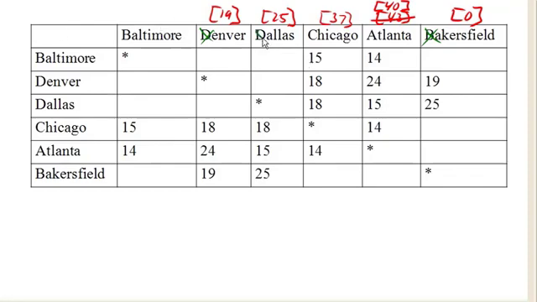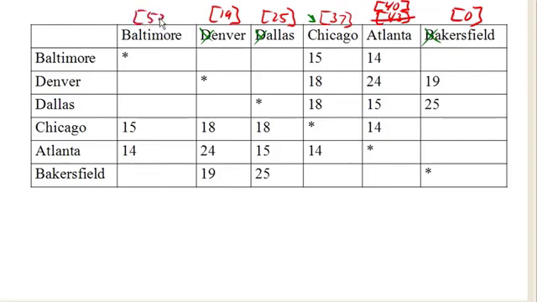So our next shortest is Chicago, and so marking Chicago as current, I could go to Baltimore, so 37 here plus 15 there would give me a time of 52 to Baltimore, routing through Chicago.